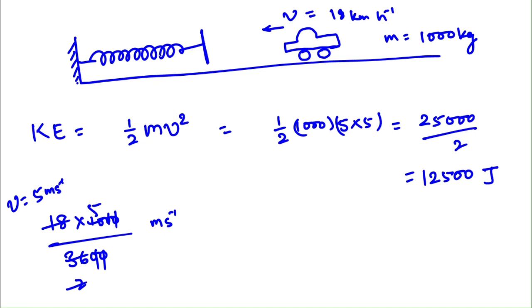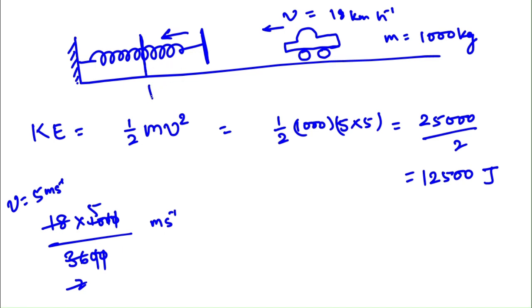What is happening next is this car collides with this spring, and then there will be compression. If this spring is sufficient to hold this car, there will be some point where the maximum compression occurs, and after that there is no further compression.